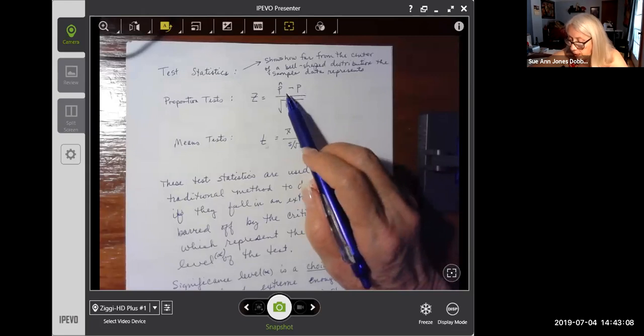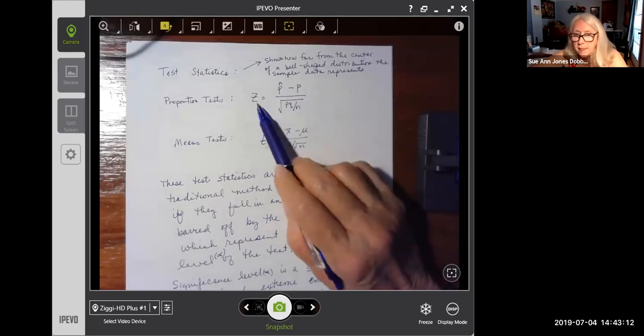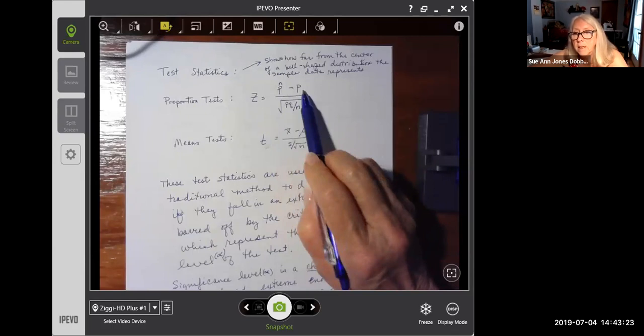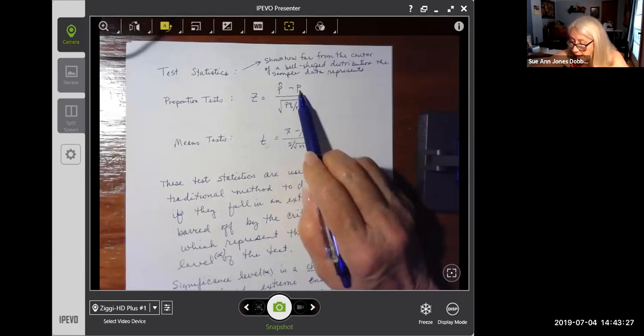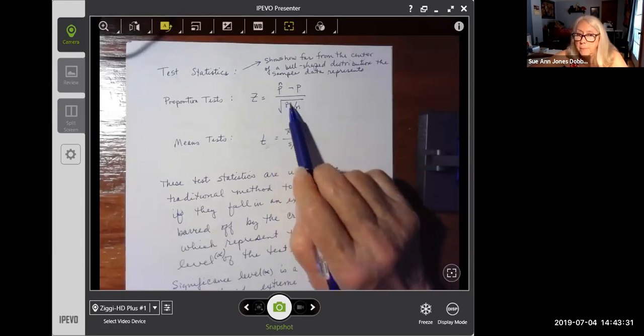So here for a proportions test, the test statistic is a Z test statistic, and the numerator is the value of p hat, the proportion in the sample, minus the value of p in the null hypothesis, divided by the square root of p times q divided by n.